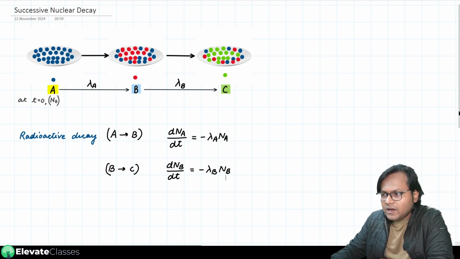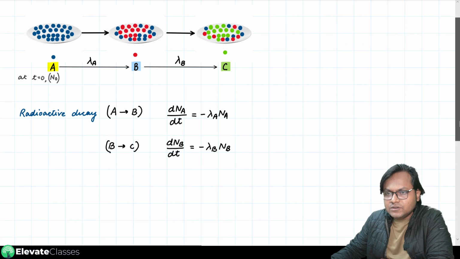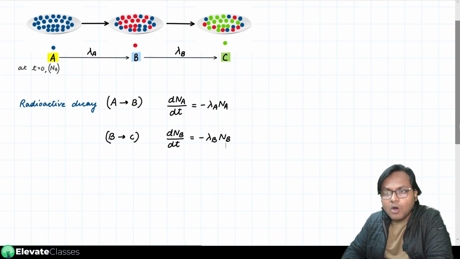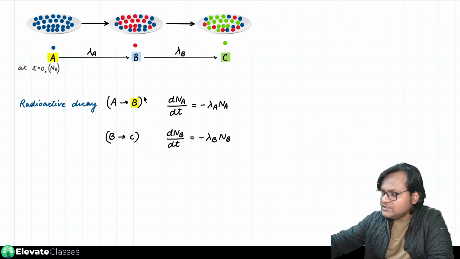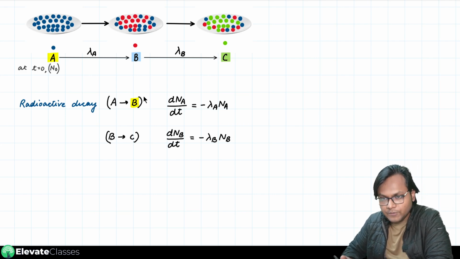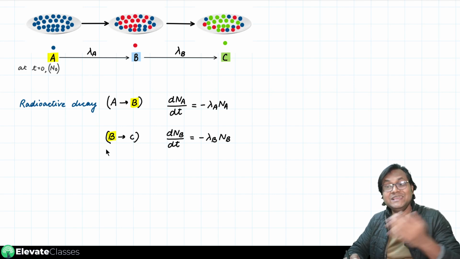Now, if I want to figure out the composition of the intermediate nuclei at any given point in time, I need to understand that the rate at which A decays into B is also the rate at which B is being formed, right? And the rate at which B decays into C is the rate at which B is decaying.